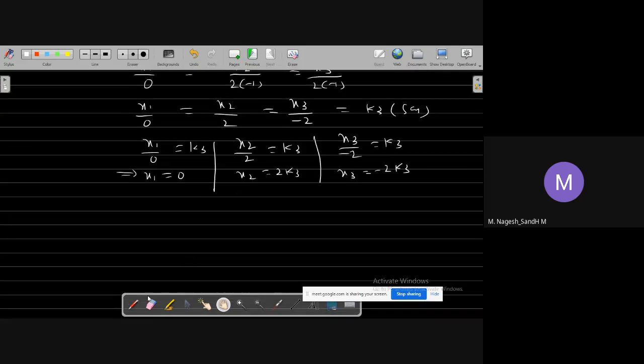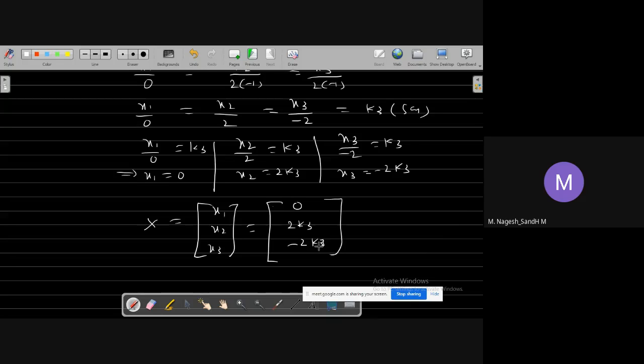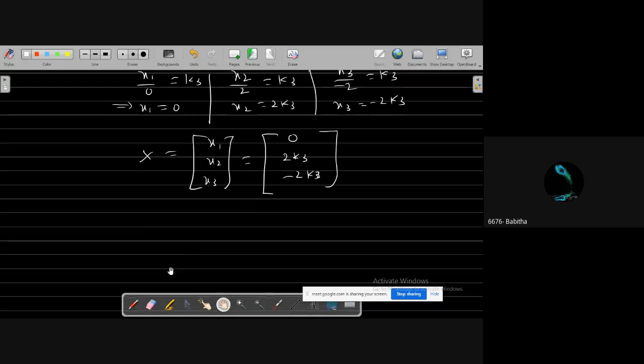So therefore x is equal to x1, x2, x3, which is 0, 2k3, minus 2k3. What can we take common? 2k3 common. So you will get 0, 1, minus 1.